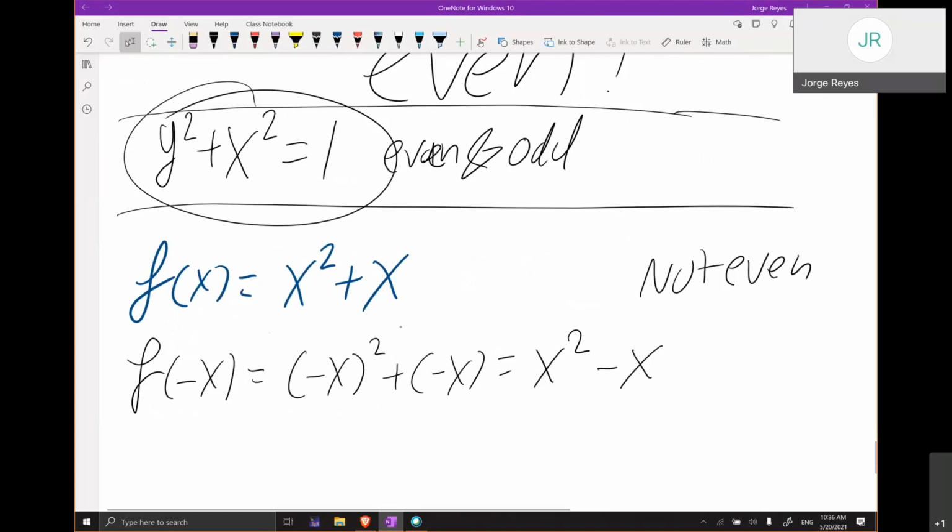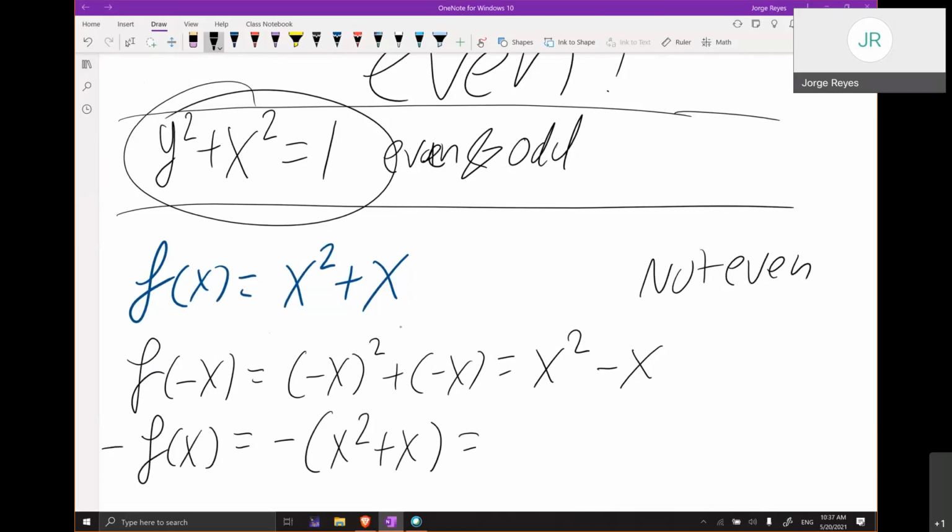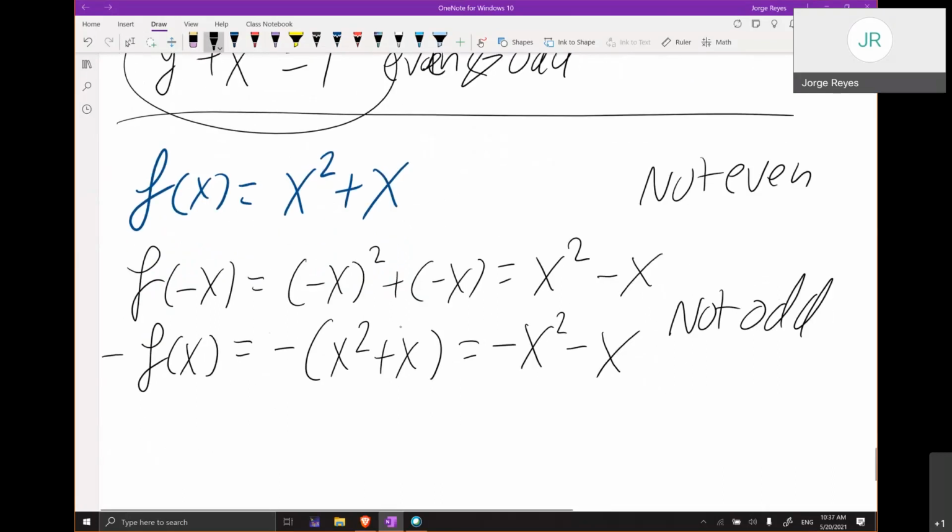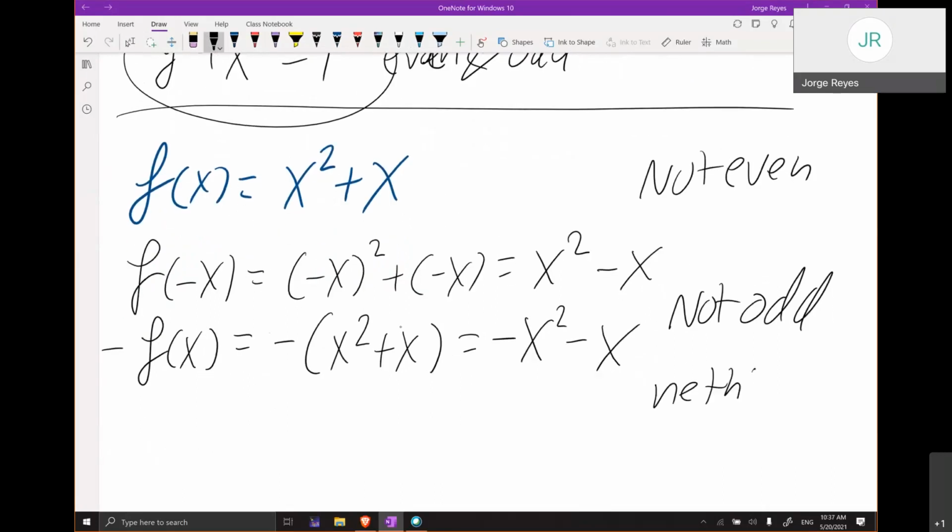Then you check, is this odd? So you're going to do this one, and that's this, and I'm going to distribute the minus sign. And you look at these and you're like, that's also not the same. So it's not odd. So this one is neither. It's not even or odd. It's nothing.